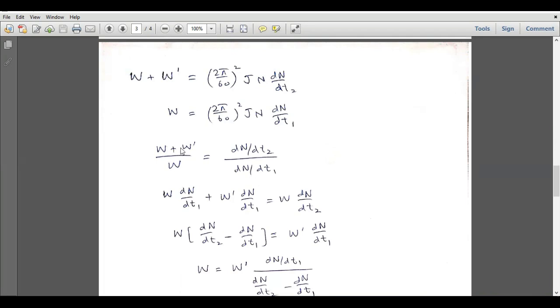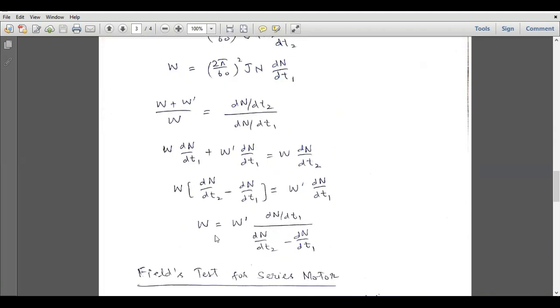After simplification, we get this expression for W: W is equal to W dash times dN by dt1 divided by (dN by dt2 minus dN by dt1). So this is another way to calculate the stray loss W.